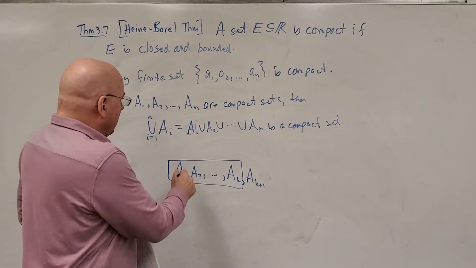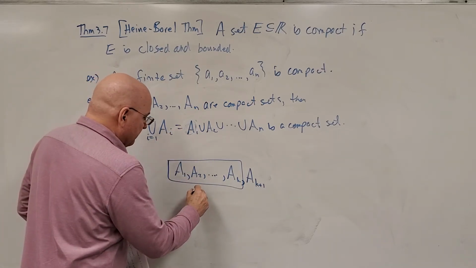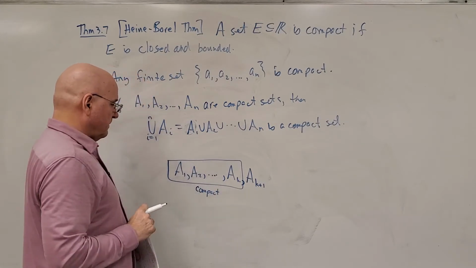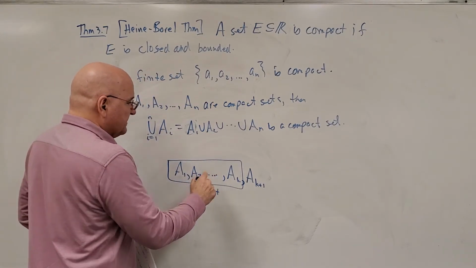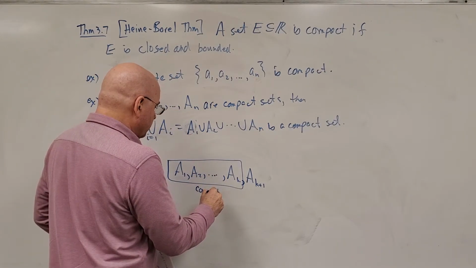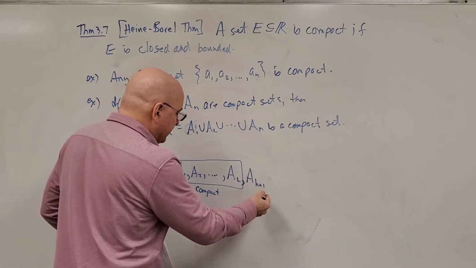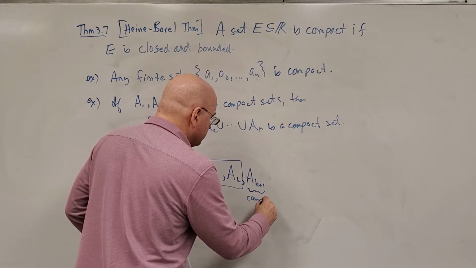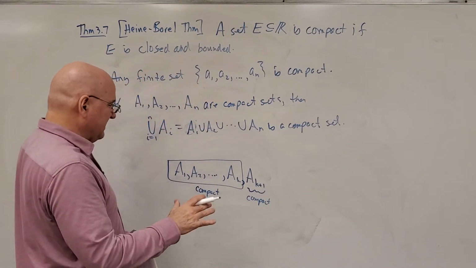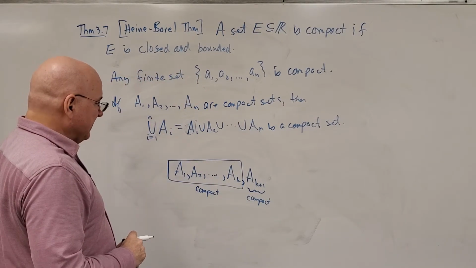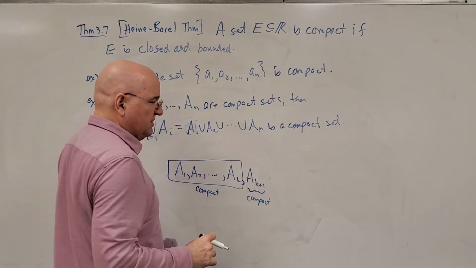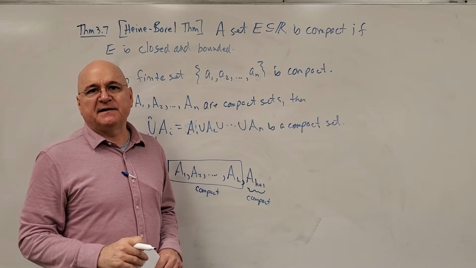By the induction step, you know this is compact. So essentially, all you are doing is tacking on one more compact set. So the only interesting part of this is proving that two compact sets unioned together are compact.